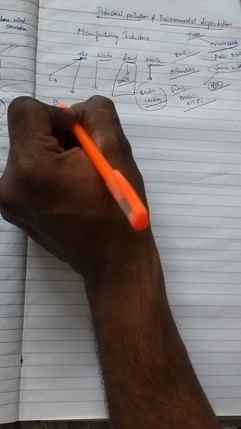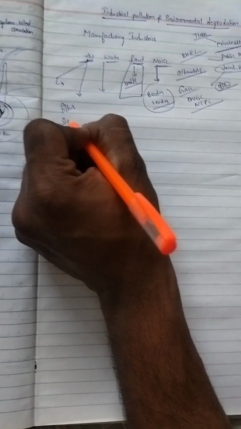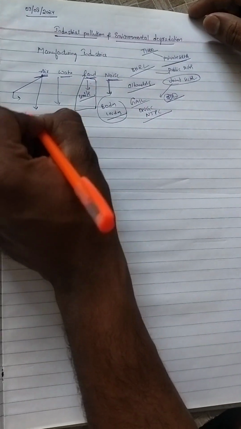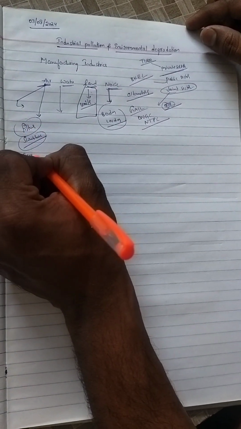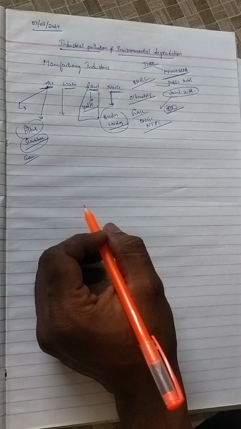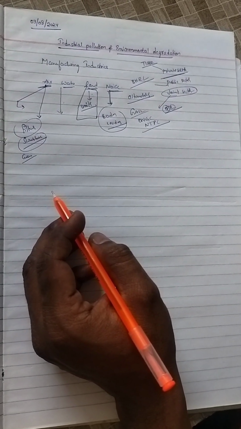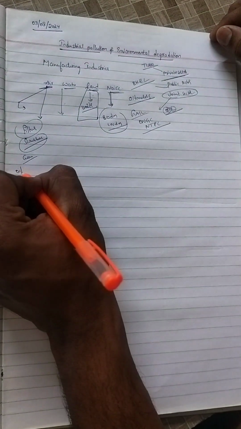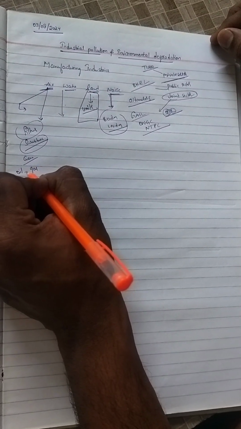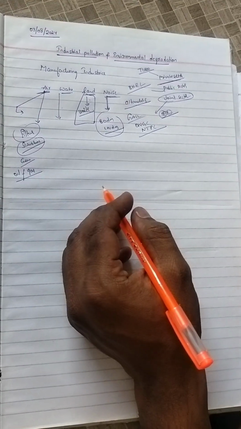They have to use filters and scrubbers for the released gases. One suggestion is that instead of coal, they have to use oil and gas, which will reduce air pollution also. Oil or gas instead of coal.